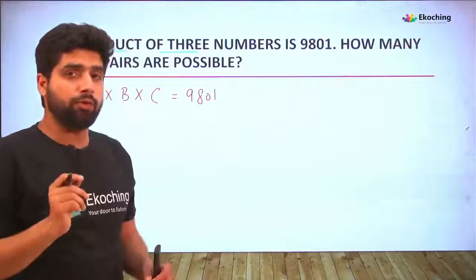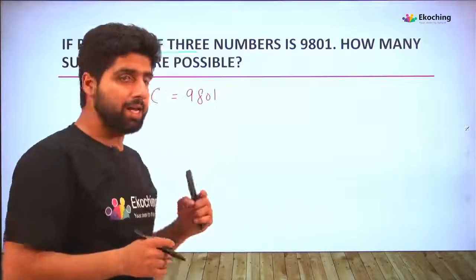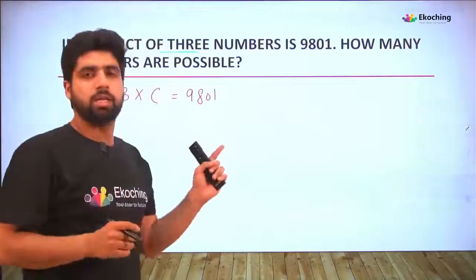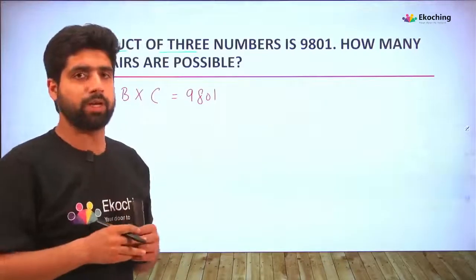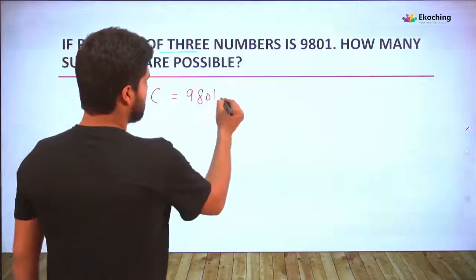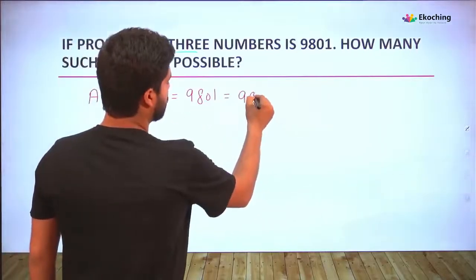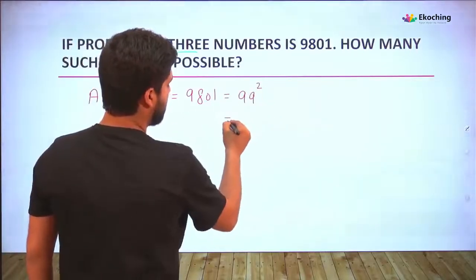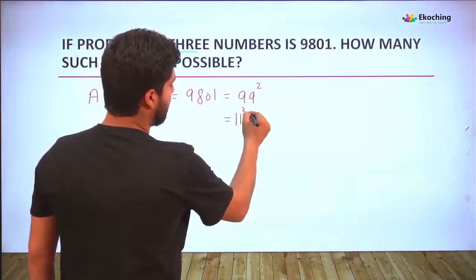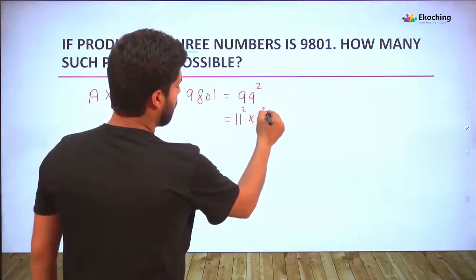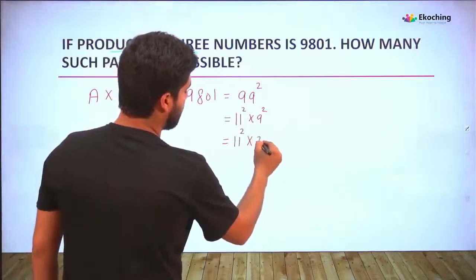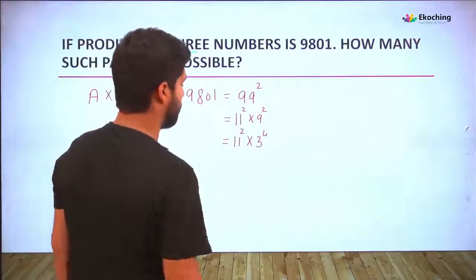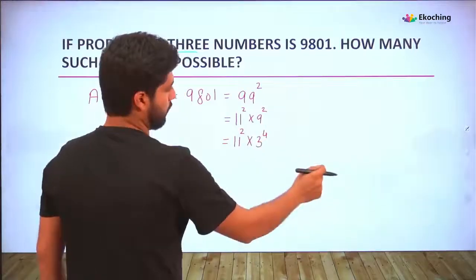Now the very first thing I need to do is convert this number into a prime factorization form. If you know the squares, you would know this 9801 is the square of 99. And 99 can be written as 11 into 9, so we would be getting 11 square into 3 power 4 in a prime factorization form.